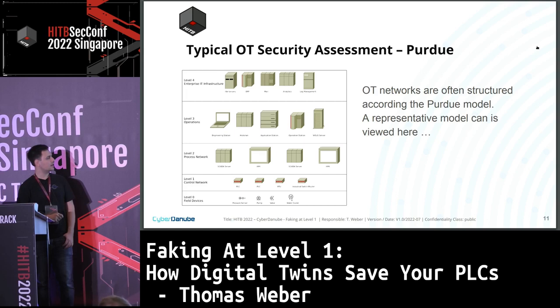I have talked about the Purdue model, so you can see some kind of Purdue model in this figure. That's also why I'm telling you about faking at level 1, because level 1 is this section here. So PLCs, RTUs, and whatever. And you can see enterprise IT infrastructure, which is the IT world, is connected here at level 4.